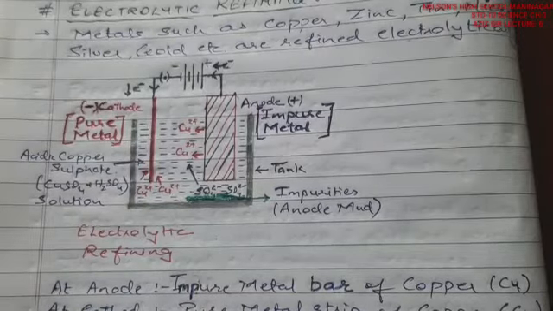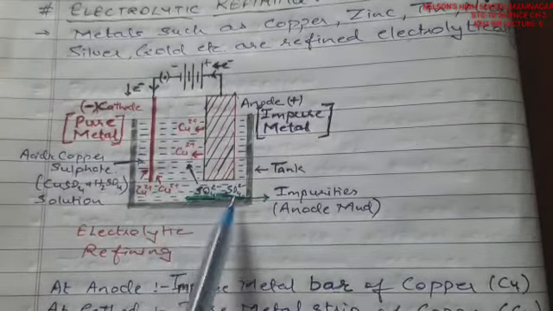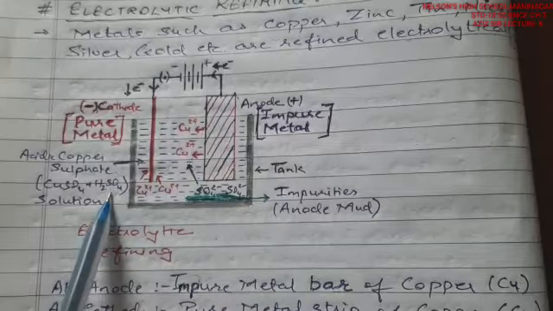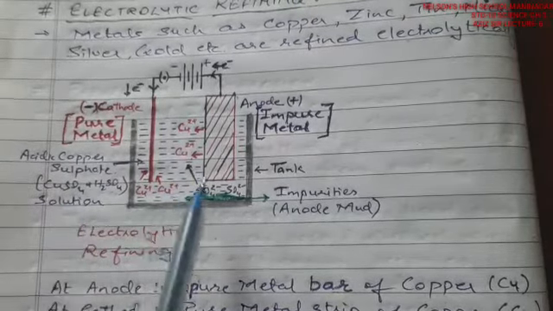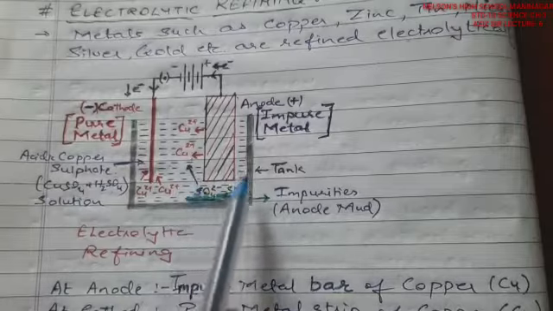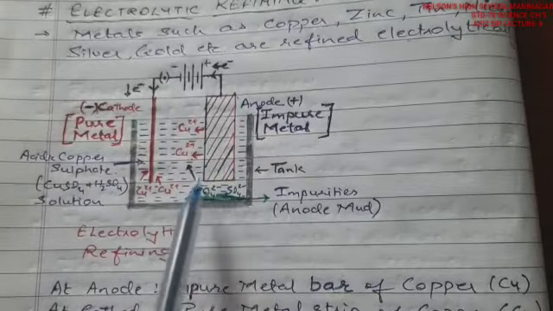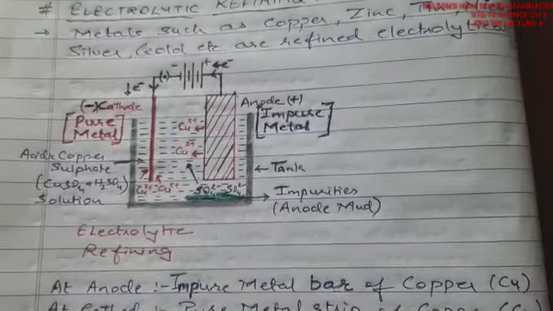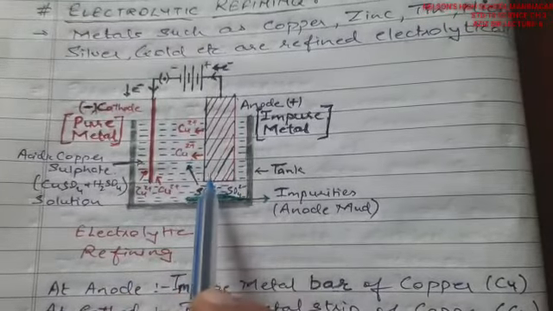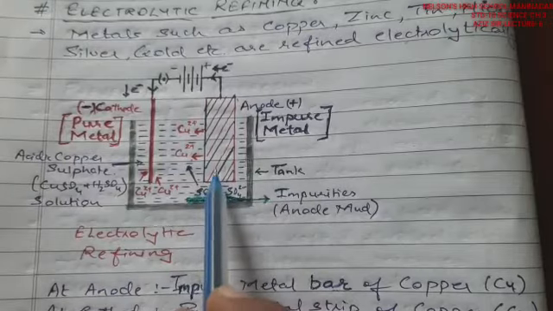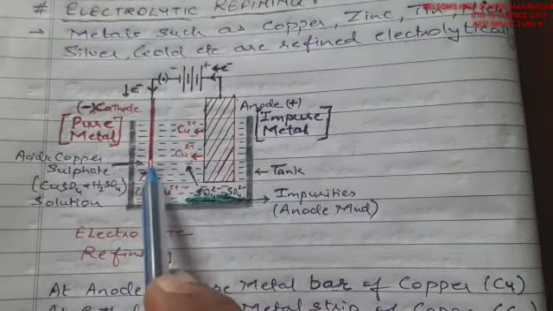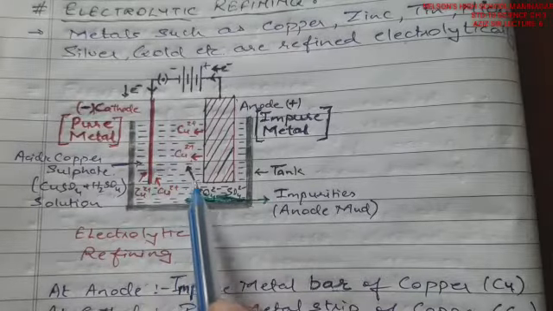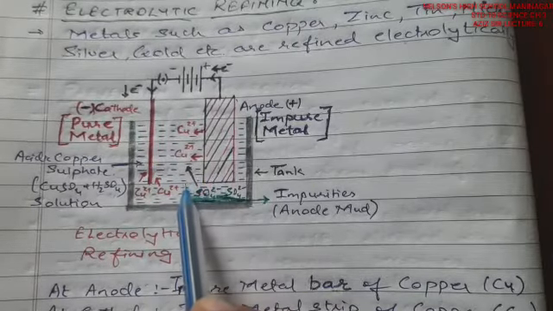Because of the higher concentration, from the sulfuric acid and copper sulfate, these sulfate ions accumulate towards the anode and start taking copper from the impure anode. The copper is selectively taken and goes back into the solution.